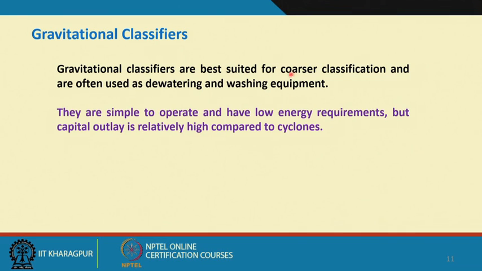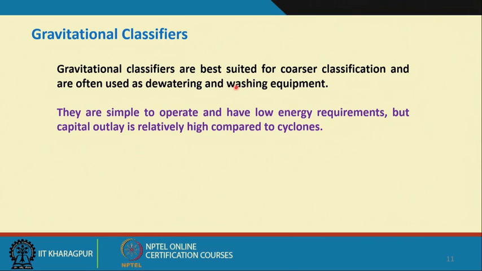gravitational classifiers. Gravitational classifiers are best suited for relatively coarser classification and are often used as dewatering and washing equipment. So, many times we want to have a solid-liquid separation, that means I want to recycle back the water.